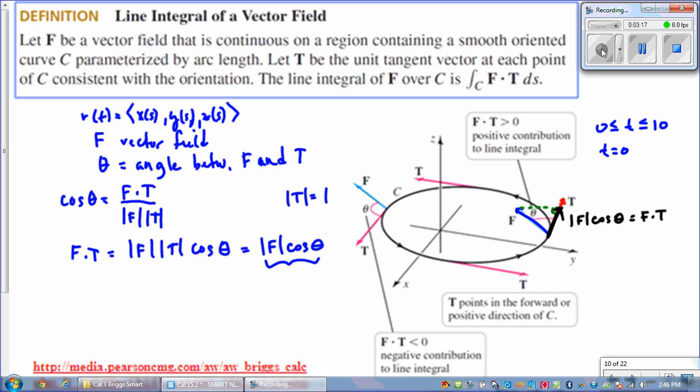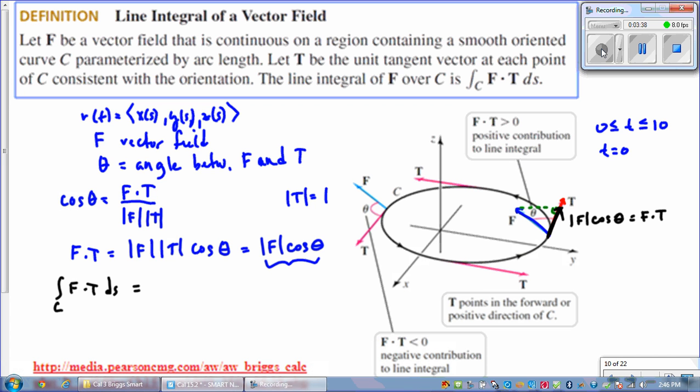So if we're going to do a line integral of f dot t over the curve C, what we're doing is we're accumulating all the components of f in the direction of t at every point on the curve.